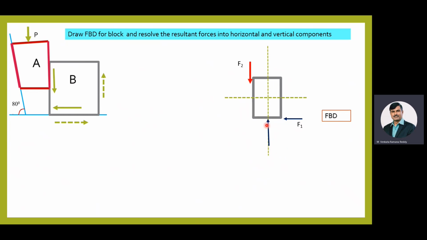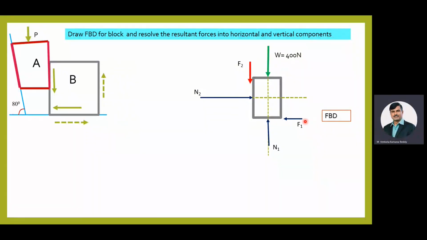This normal reaction is perpendicular to the surface of the block, and N2 is the normal reaction exerted by the wedge on the block, perpendicular to the surface of the block. Then W is the weight of the block, which is always perpendicular to the ground. Here the weight of the block is given in the problem. It is 400 Newton.